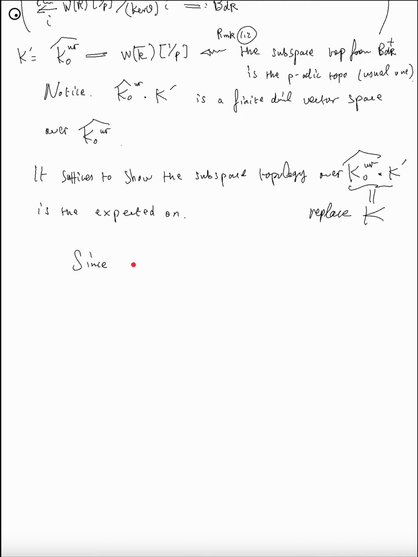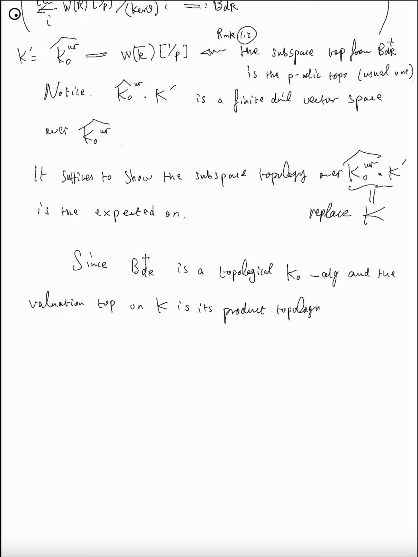Now notice this is a topological K0 algebra with the valuation topology, and K has its product topology for a fixed K0 basis, since this is a K0 vector space.